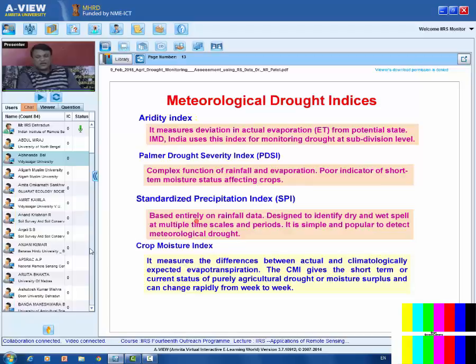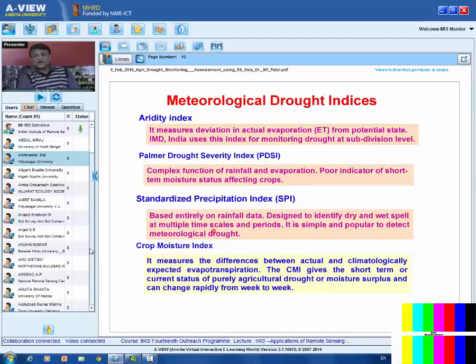In India and other developing countries, where the measurement network is not dense, or you can say very sparse, it is possible to apply the standardized precipitation index more adequately and accurately to define or depict dry and wet spells at multiple time scales and periods. Multiple time scales means 1 month, 2 month, 3 month, 6, 9, 12, 24, 36.